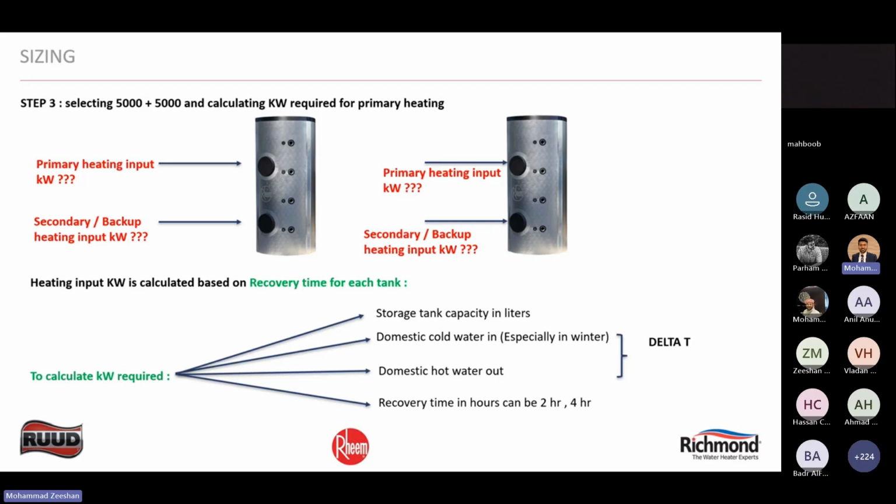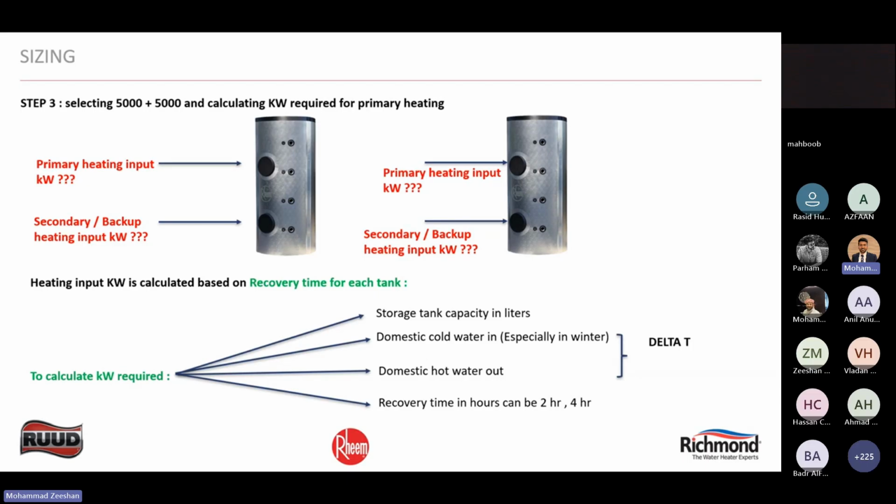But in case you want to use it as a boost, where to ensure that you have a certain degrees of temperatures that you want to reach from electric backup itself, then the position will be at the top and the heat pump will be at the bottom. However, this is an example just to understand where the primary heating input and secondary heat backup element will be. In my example, I'm using electric as a backup only.